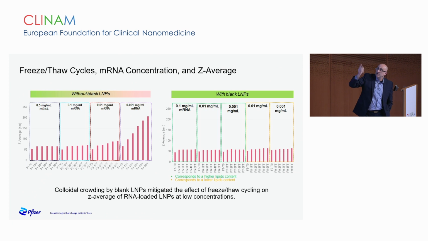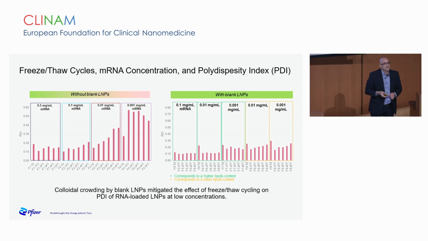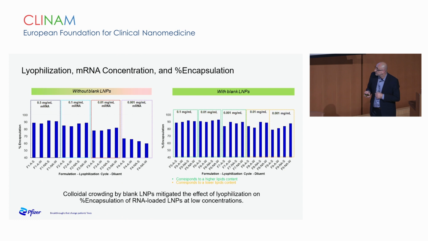And as soon as you start adding the blank LNPs, it goes back to normal, again proving that you have that crowding effect playing out here. Similar for what you have on the PDI. Nothing really different here.